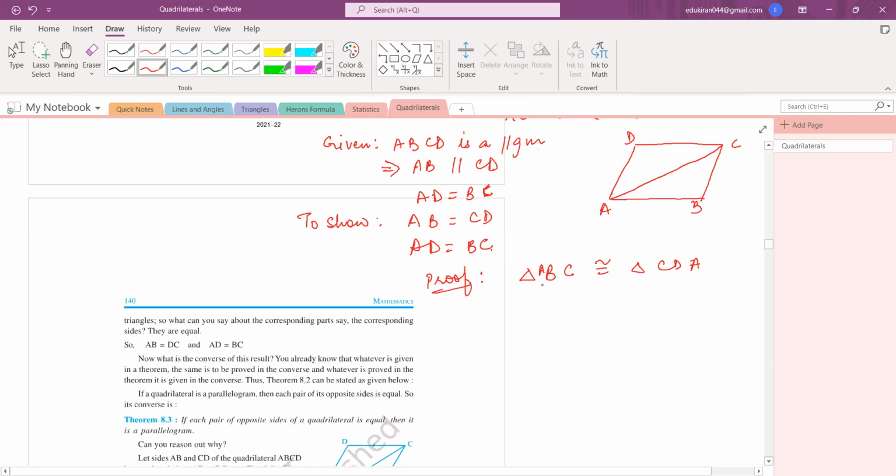So we don't have to prove it again. We are using the theorem straightforward. So we can write the statement: the diagonal divides a parallelogram into two congruent triangles. So this is the theorem we are using here.